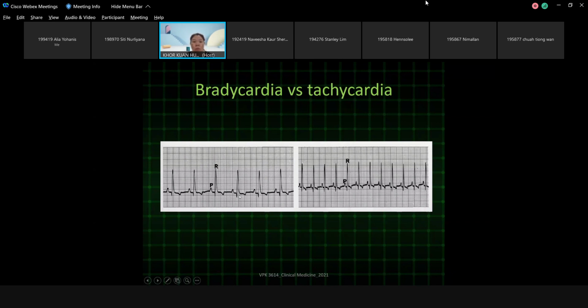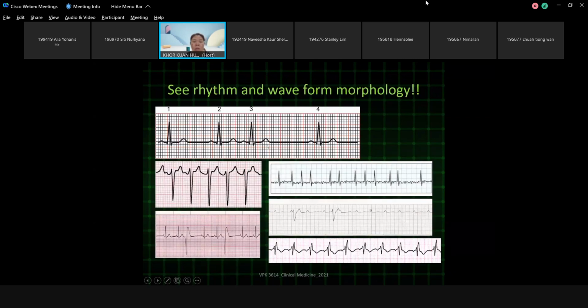Then you look at the PQRST, they look okay. With tachycardia, you tend to sing PQRST faster.